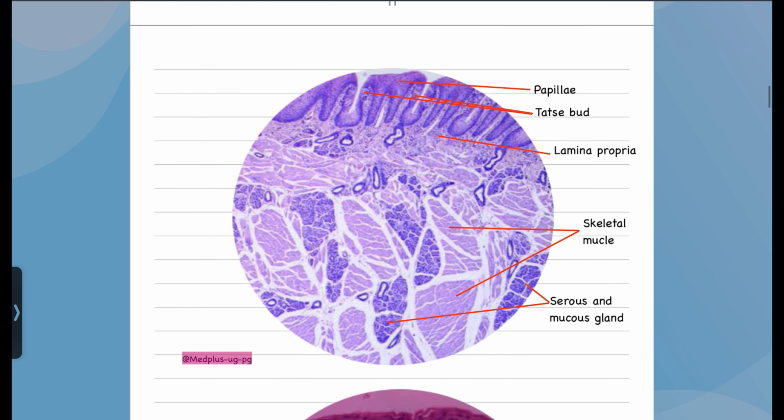Now we will see another histological diagram of the tongue. It is lined by stratified squamous epithelium and it contains taste buds, as we can see here, as a light zone within the epithelium. Below this we have the lamina propria, and as we can see, the skeletal muscles are arranged in bundles, and these are the serous and the mucous glands.